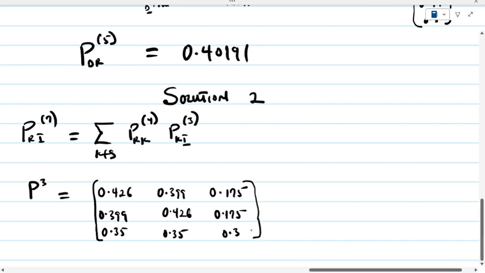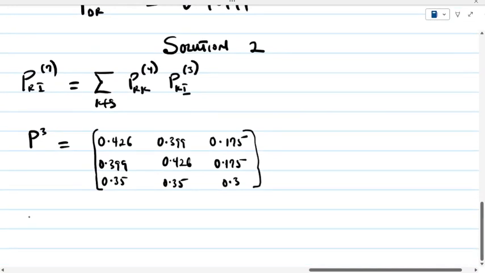That is the transition matrix multiplied over 3 times.